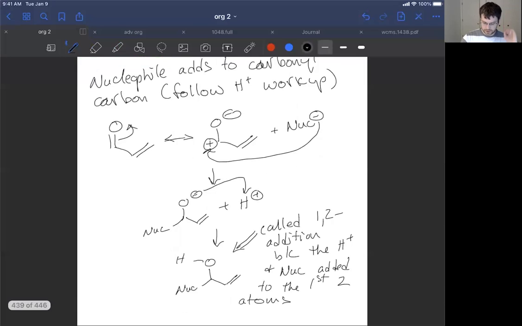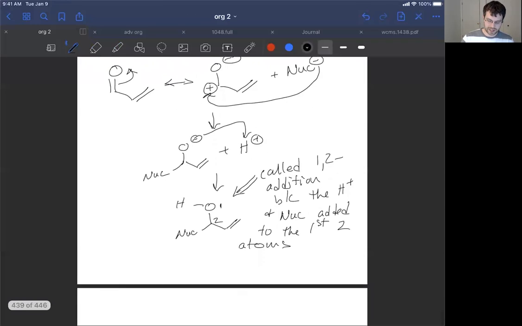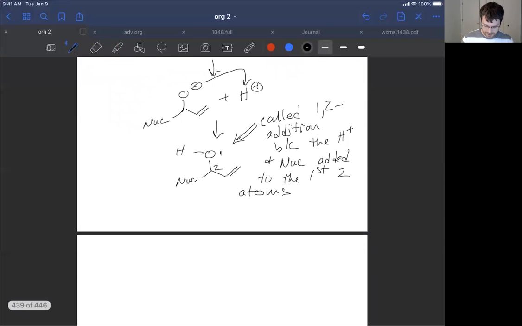We have atom 1 and atom 2. We added the nucleophile to atom 2 and the hydrogen to atom 1. Now, what am I talking about? What is this numbering scheme? Well, let's look at it this way.